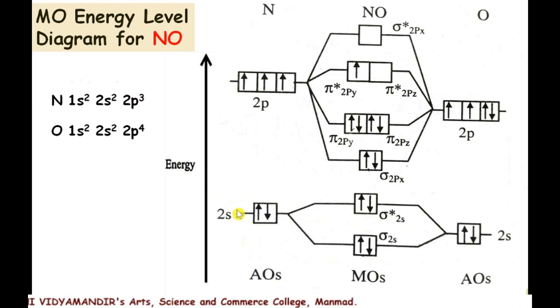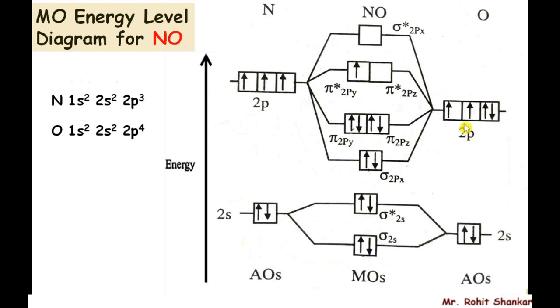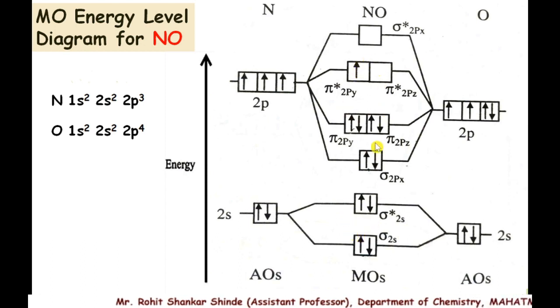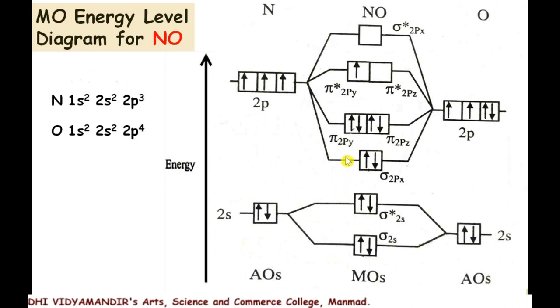Here the 2s of nitrogen, 2s of oxygen, and 6 2p orbitals, total 8 atomic orbitals combine, and they form total 8 molecular orbitals as shown here. Electrons are filled in these molecular orbitals by following Aufbau principle and Hund's rule of maximum spin multiplicity.